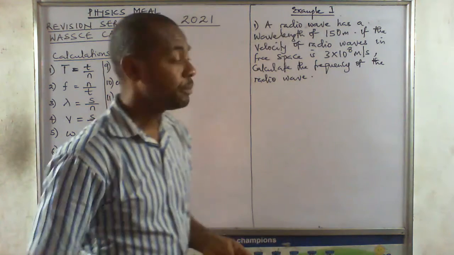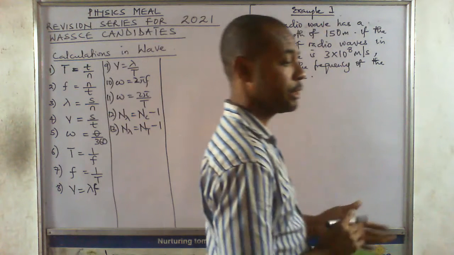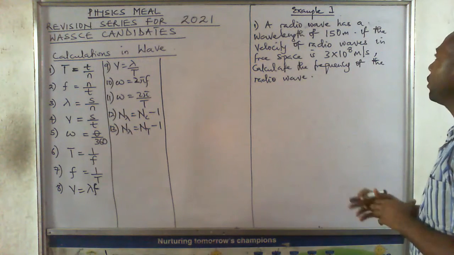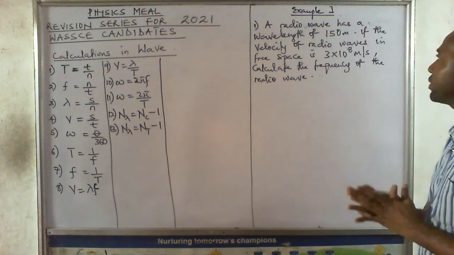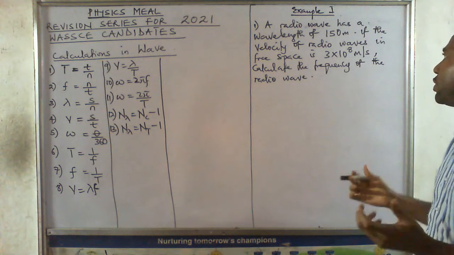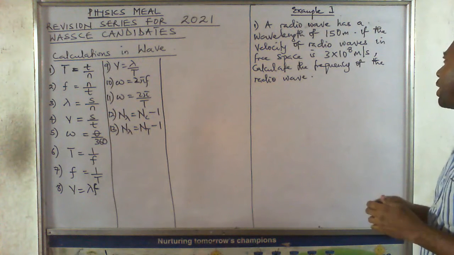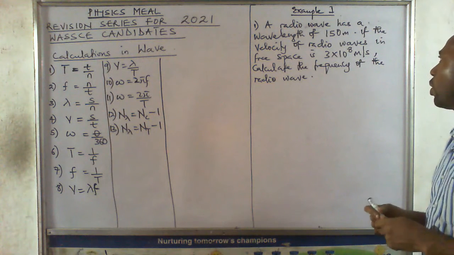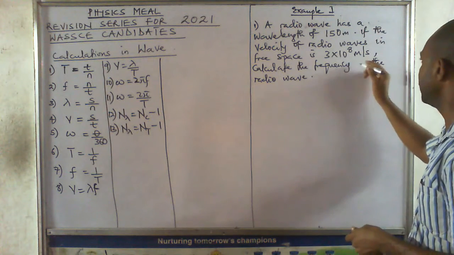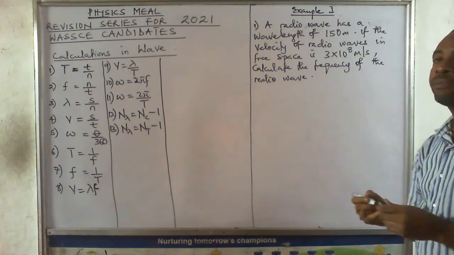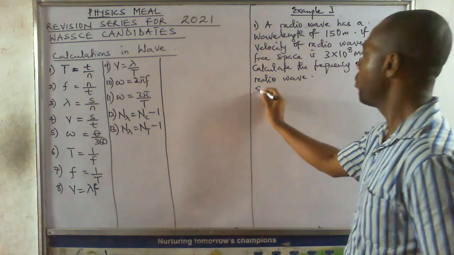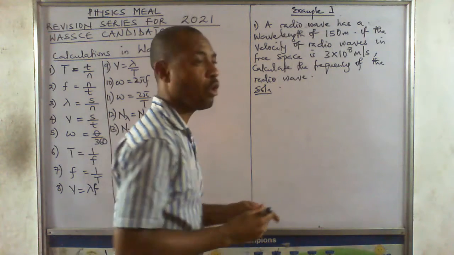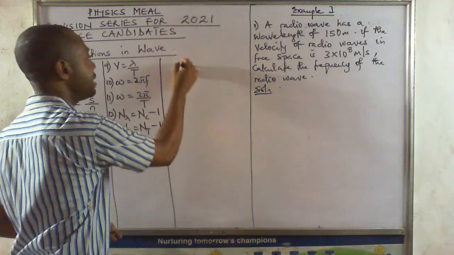So a radio wave has a wavelength of 150 meter. If the wave velocity of radio waves in free space is 3 times 10 raised to the power 8 meters per second, calculate the frequency of the radio wave. When we are solving problems in physics, we usually use the principle of I see.